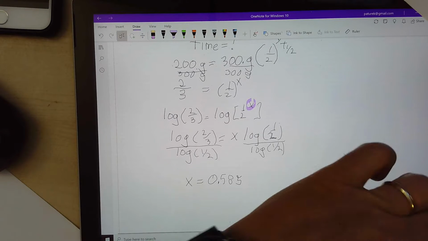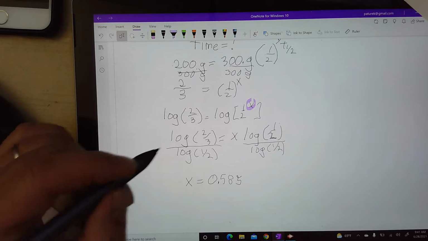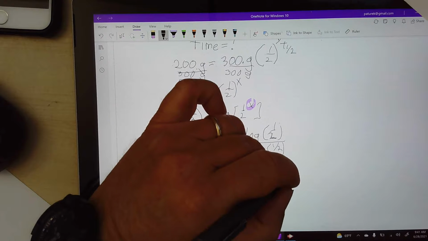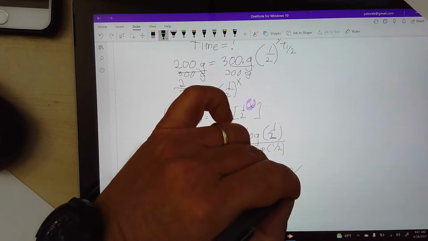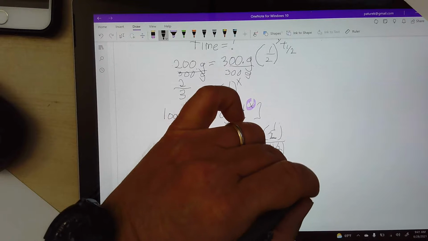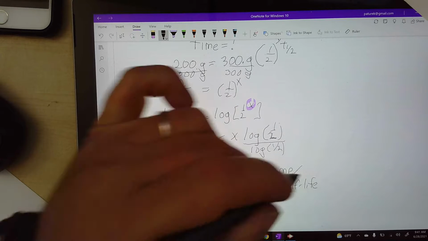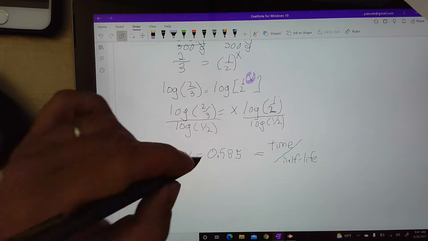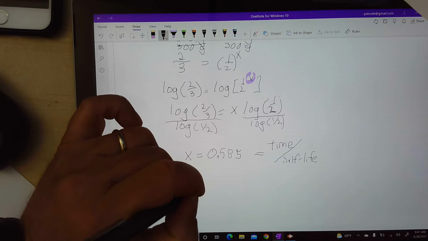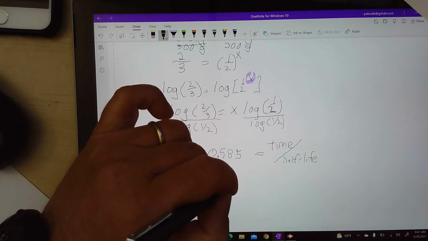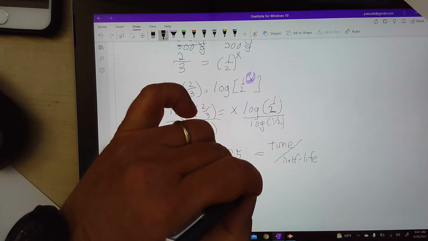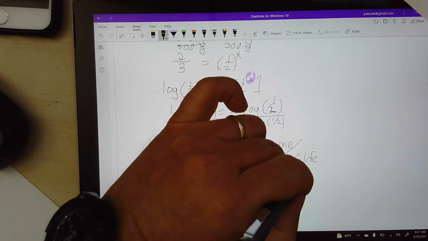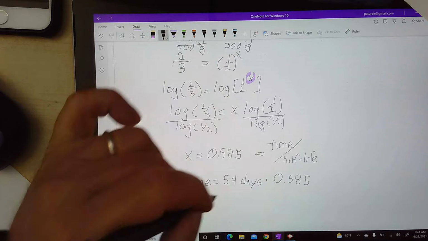Now this x is the ratio of the amount of time that went by divided by the half-life. If the half-life is 54 days, then the time that went by is equal to 54 days for the half-life times 0.585.